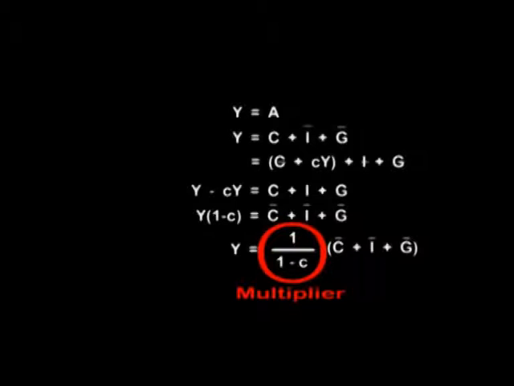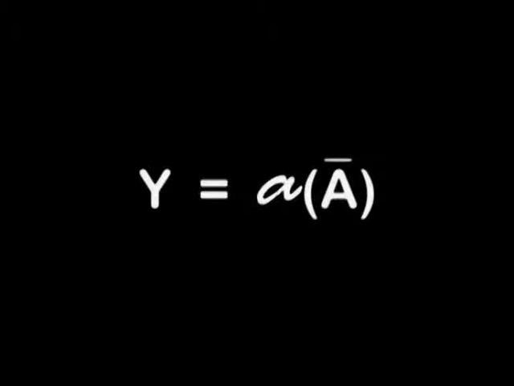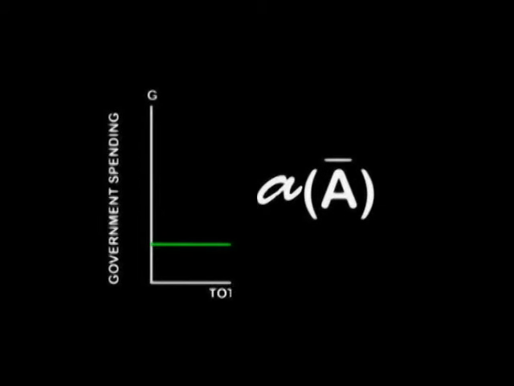The expression can be abbreviated to alpha times bar A. But the model still does not include the levying of taxes. We have only included government spending at this stage. The question now is, how do taxes affect spending and income in the economy?